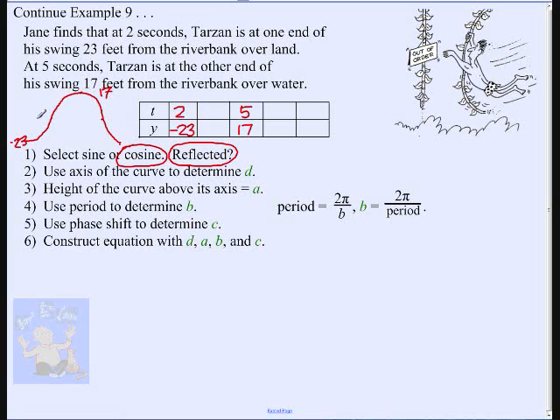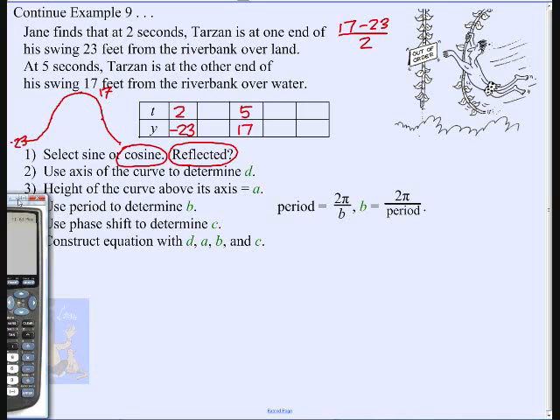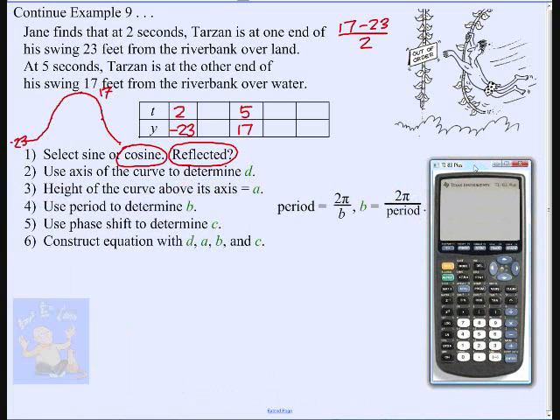So midway between them, take 17 minus 23, we're going to add a negative basically, and take the difference between them. I'm going to add them together and take the difference.